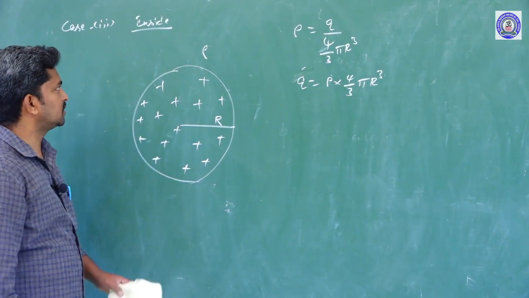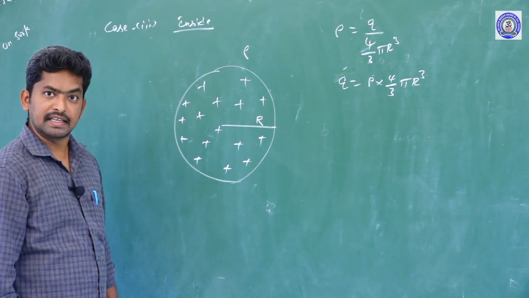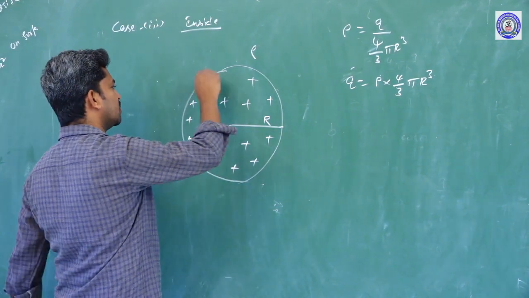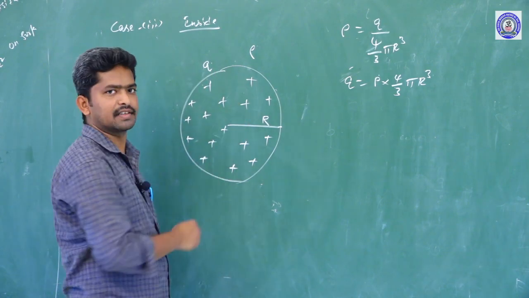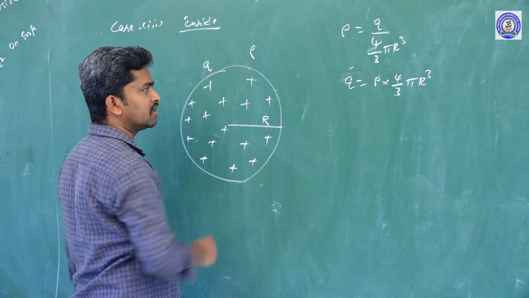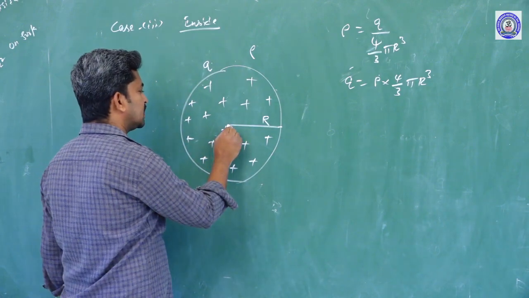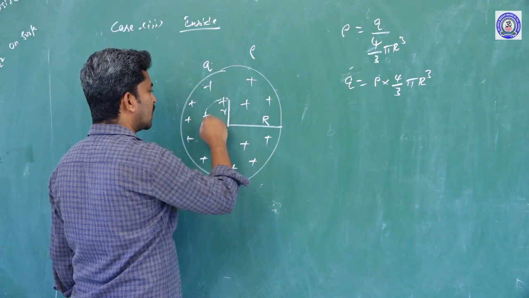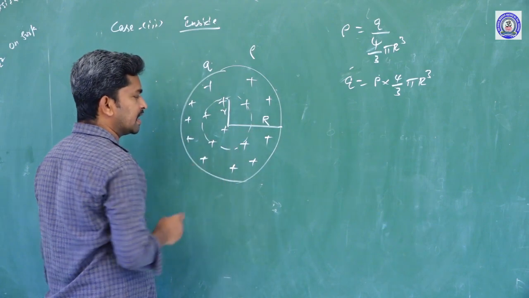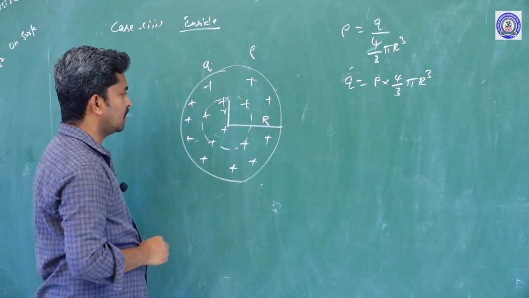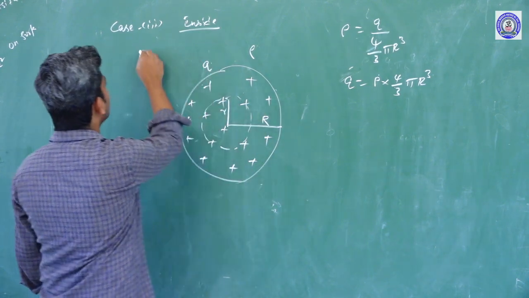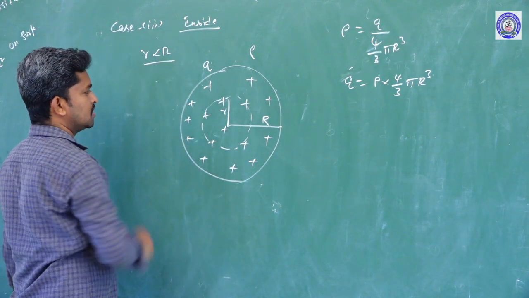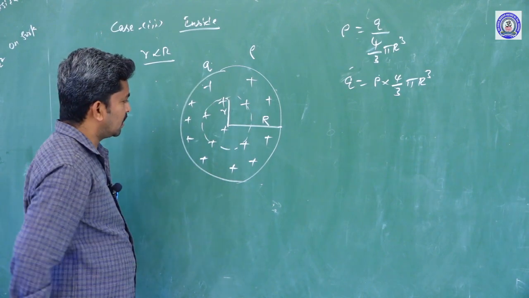Now we consider the inside of the sphere. The net charge of the non-conducting sphere is q, with charge density rho. We consider a Gaussian surface of radius r inside the sphere, so r is less than R.